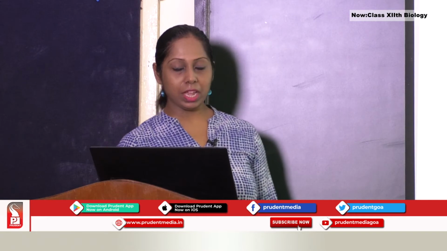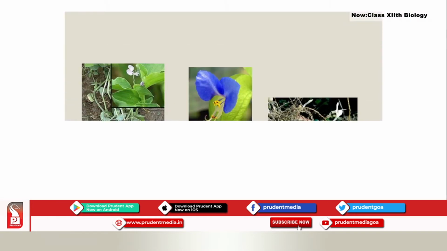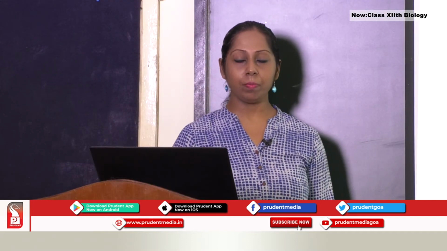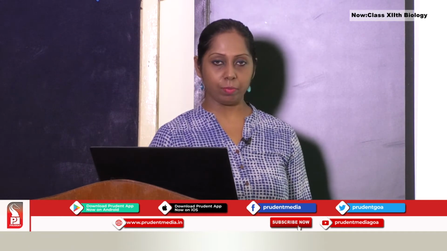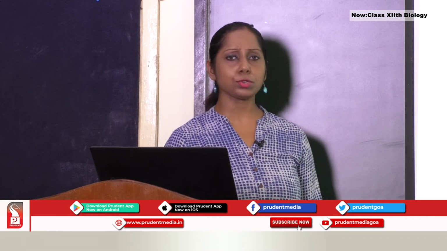Now, autogamy is commonly seen in a lot of flowers, but let me focus on a plant which is called the Commelina plant, which bears two types of flowers. Besides Commelina, you have other plants like Viola, which also show two types of flowers. Now what are these two types of flowers?